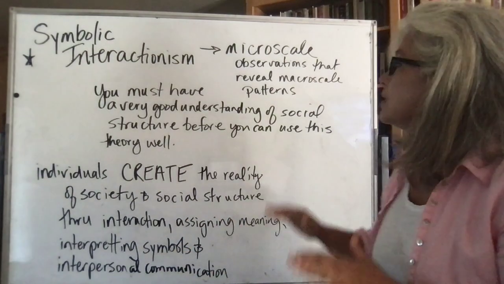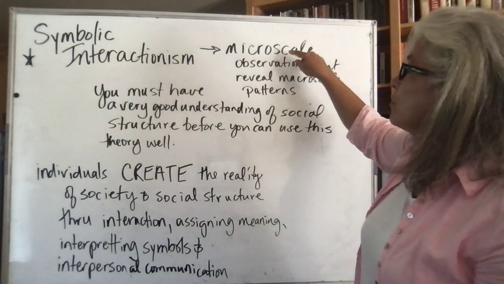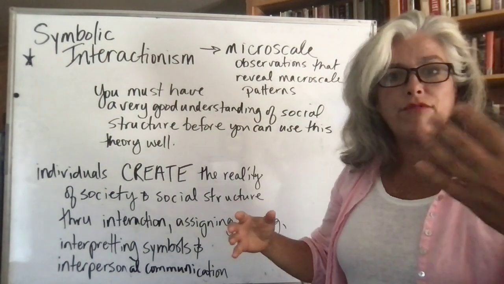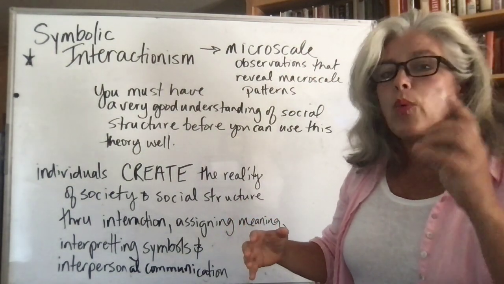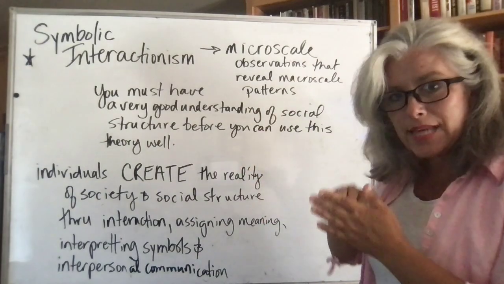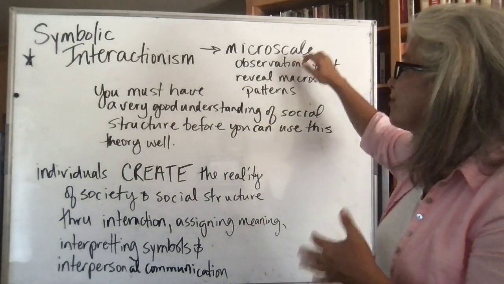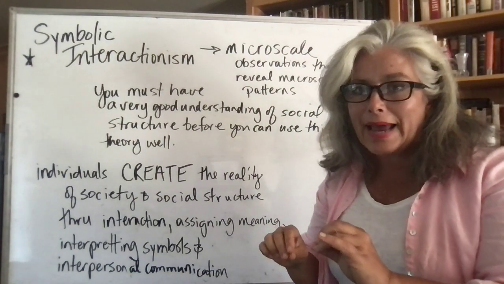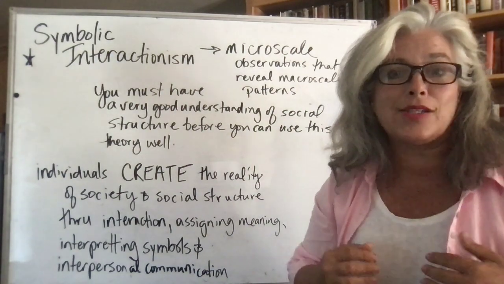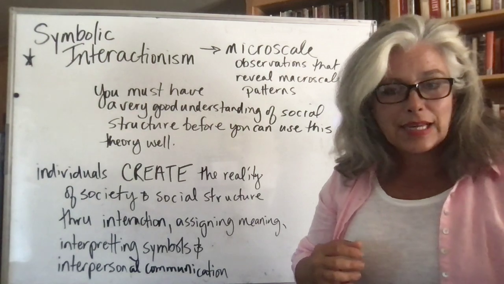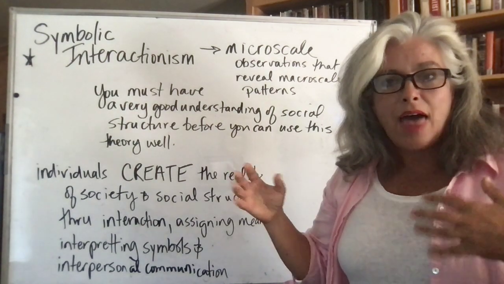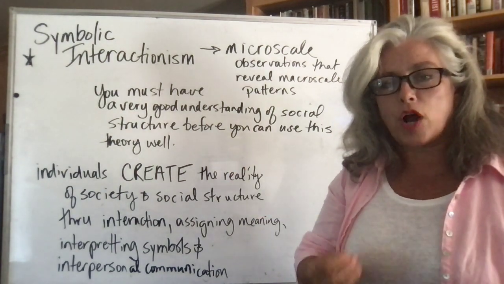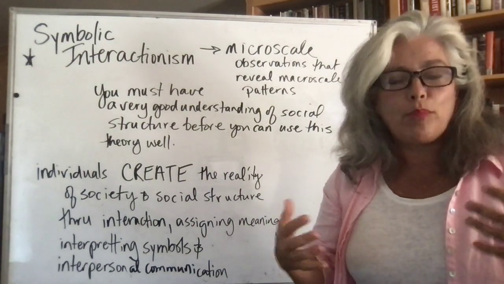Okay, so symbolic interactionism is a micro scale observation of the you and me level, but we don't stop there. We take it a step further because when we observe that, we want it to reveal to us why macro scale structure is the way that it is. The idea behind this is that macro scale social structure is only propped up.